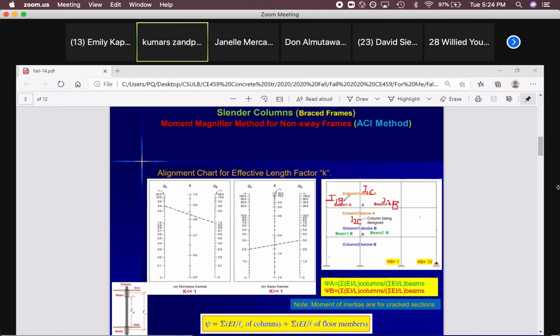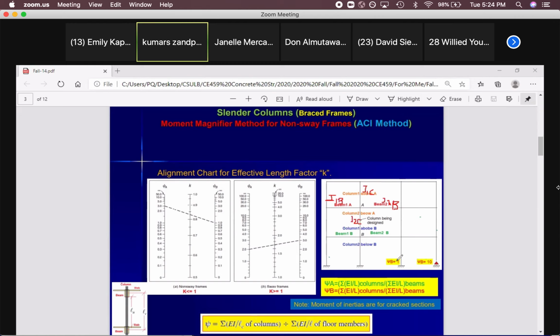Each beam, I1B times E divided by L1, I2B times E divided by L2, like the columns, each one separately. Then add the beams together as well. So all the total of the columns divided by all the total of the beams.